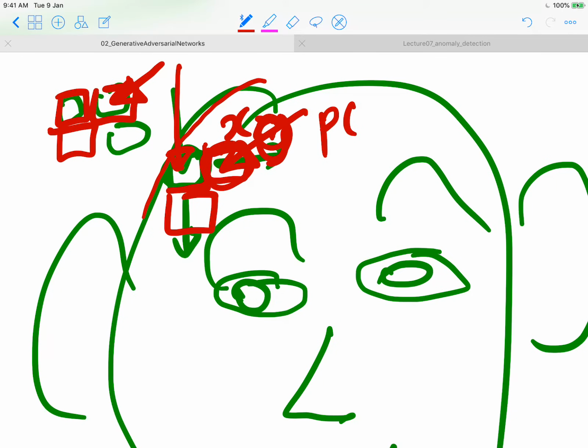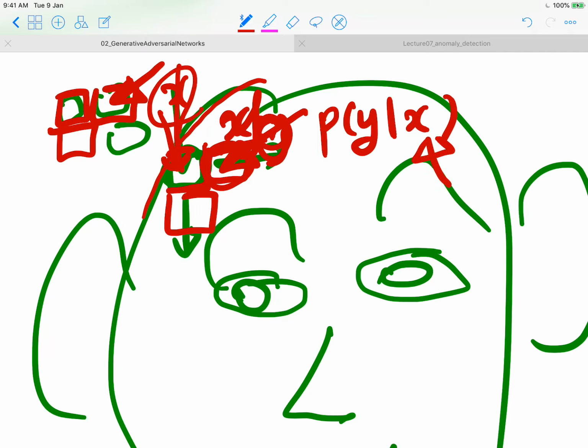Suppose this pixel is y and this pixel is x, x i comma j. Observing the pixel value at the x position, whether it is black or maybe a facial color, will influence the probability distribution of the pixel at the y position.